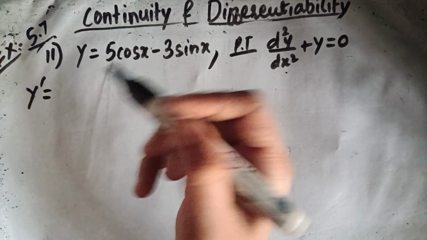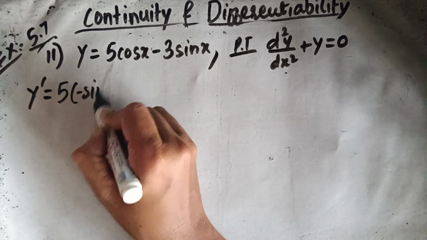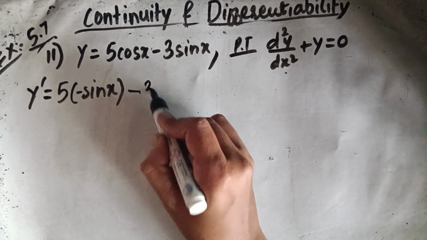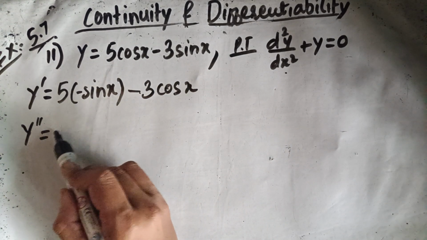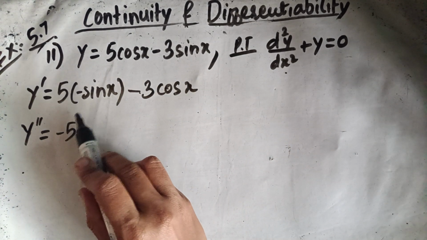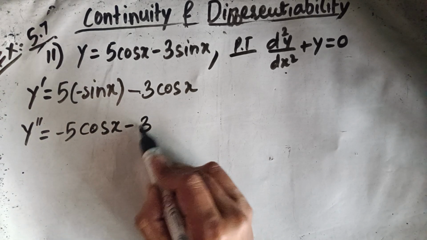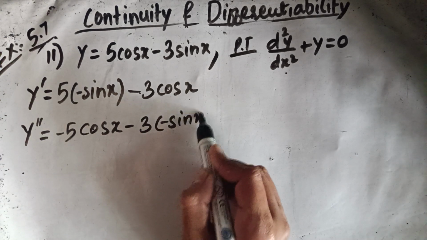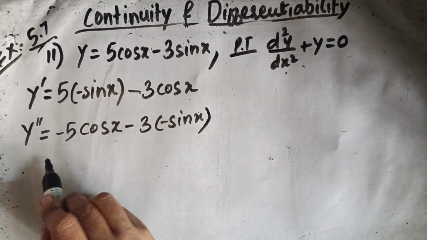Y dash is 5 minus sin x derivative, then y double dash again, minus 5 we can write outside, sin x derivative is cos x, minus sin x. Substitute this in this equation.